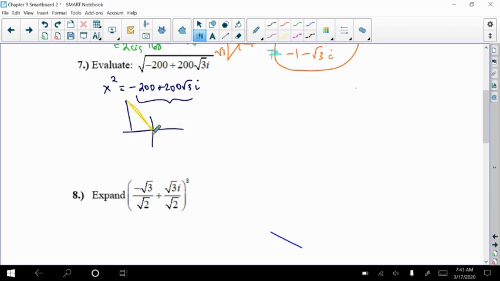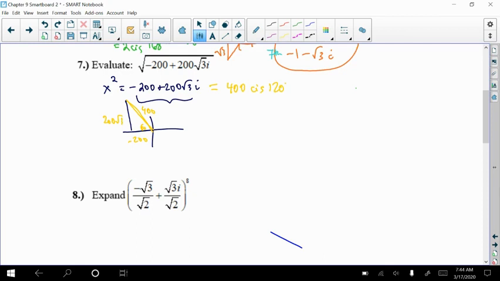So this distance here is actually 400. If I go over 200 in that direction and up 200 root 3 in this direction, that's a 60 degree reference angle right there. So that's 120 degrees on the outside.